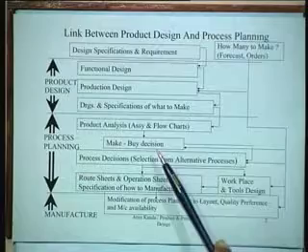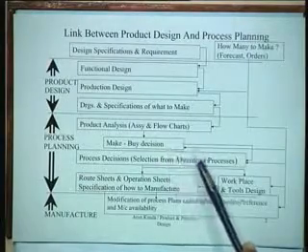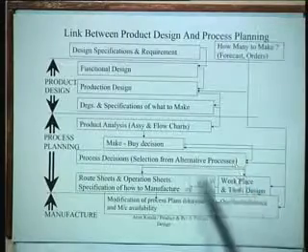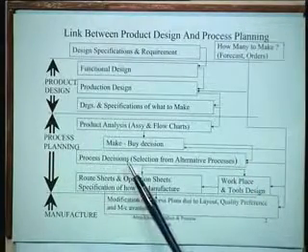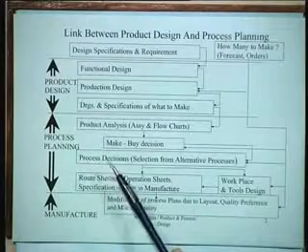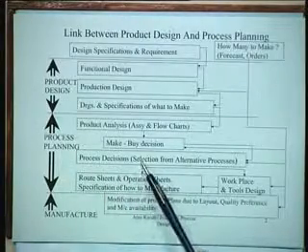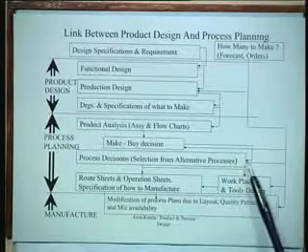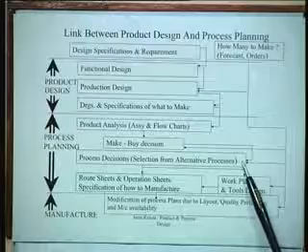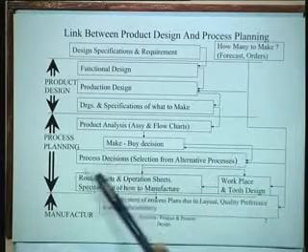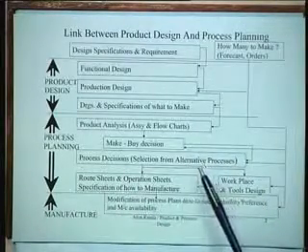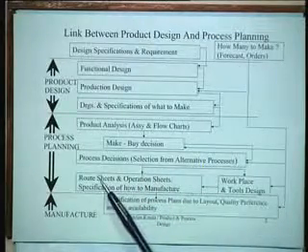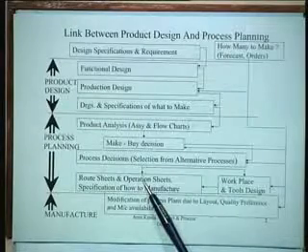And for components for which you take the make decision, you have to decide on the process sequence. Not only the process sequence, but which processes to adopt. Quite often there is a selection from alternative processes. So this decision becomes important at this stage, and once you have finalized these decisions, you summarize these decisions in the form of documents which are known as route sheets and operation sheets.